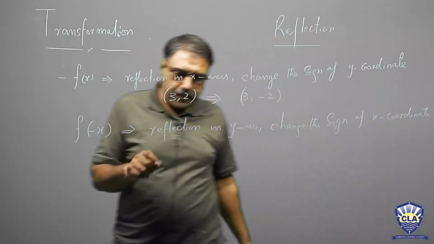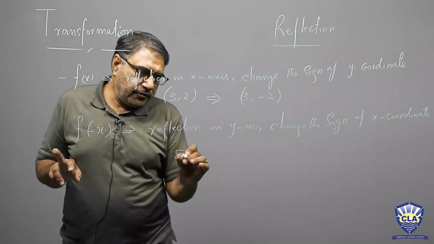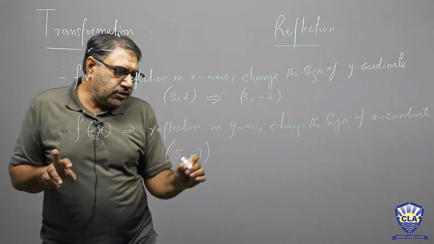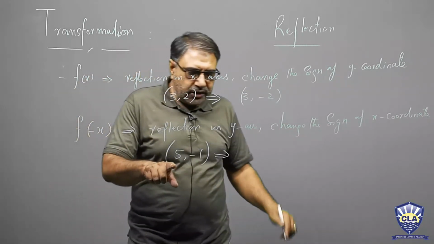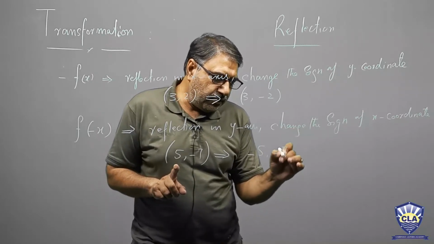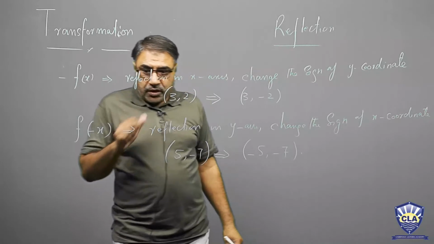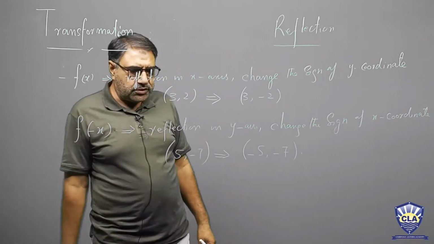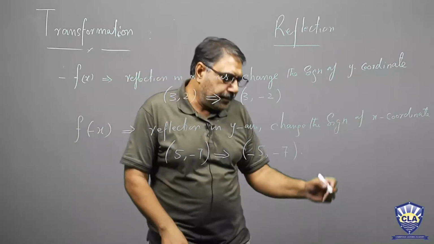The x coordinate, 5 comma minus 7. Now change the sign of the x coordinate. After the reflection in the y-axis, it becomes minus 5 comma minus 7. Reflection in the y-axis, so change the sign of the x coordinate.